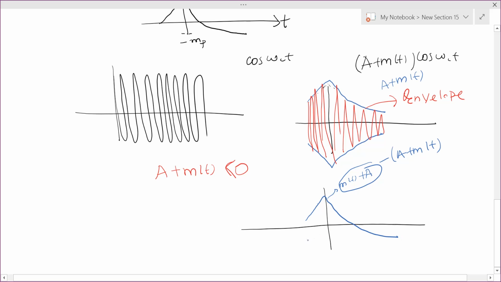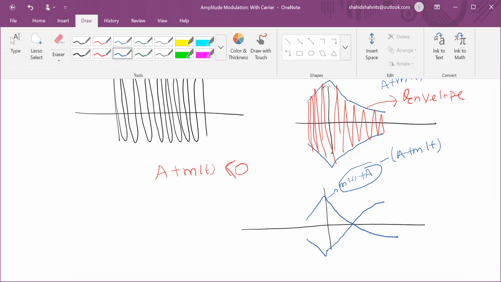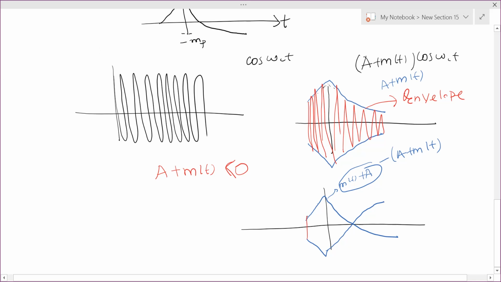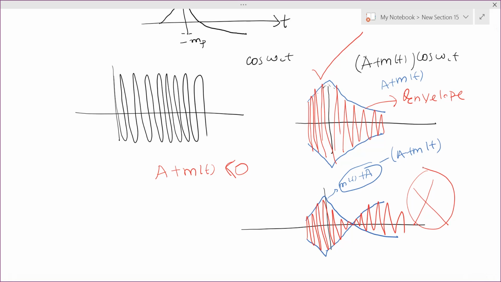Similarly, like this. Now, if you put the cosine signal in between, it will look like this. We will later see that we can recover the message signal from the first AM signal, but we cannot recover the message from this AM signal. Okay, this will be clear when we do envelope detection.